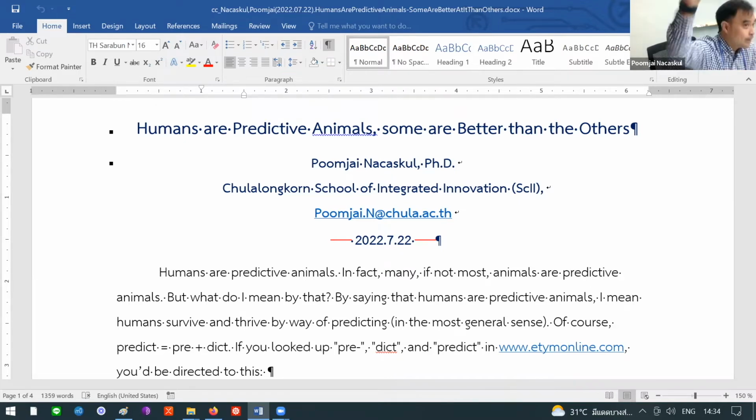So if you look at the sky and you see the clouds forming and you say it's going to rain this afternoon, that is a prediction because you say rain before rain. That's it. That has given us the evolutionary advantage vis-a-vis other species.